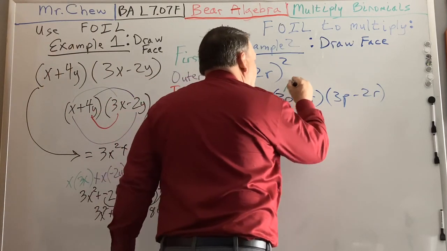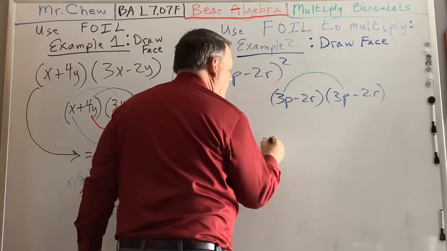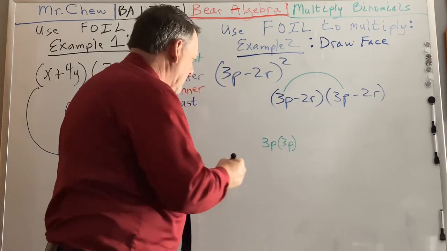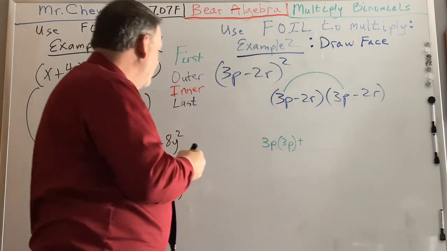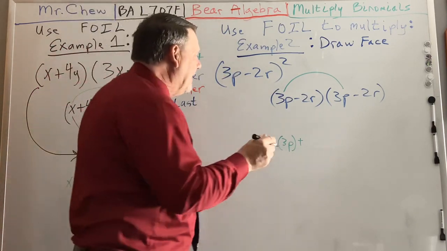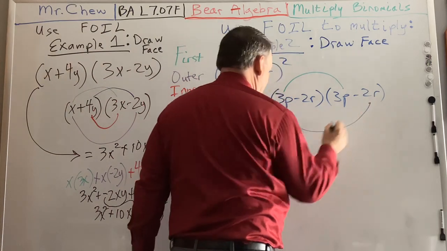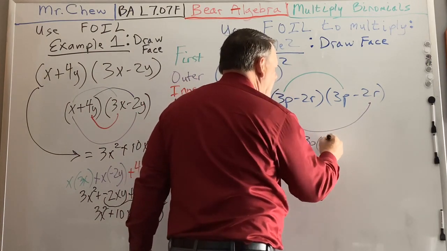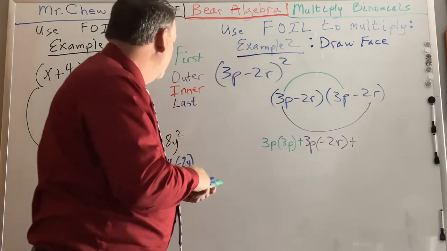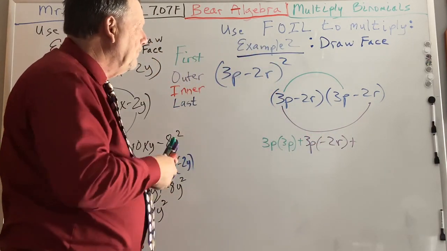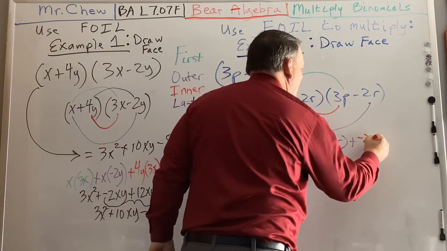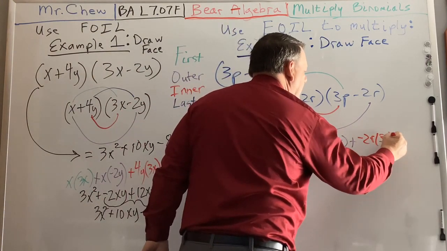So my first, that is 3p times 3p plus. Now we're doing our outer. Those are the two outsides. 3p times negative 2r plus. Now we're doing inner. Negative 2r times 3p plus.